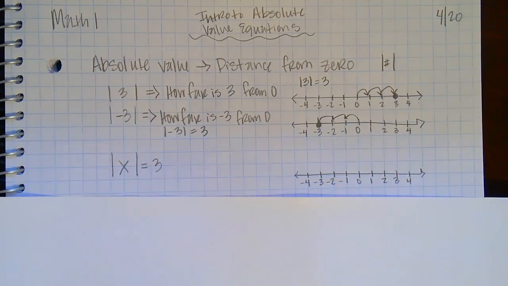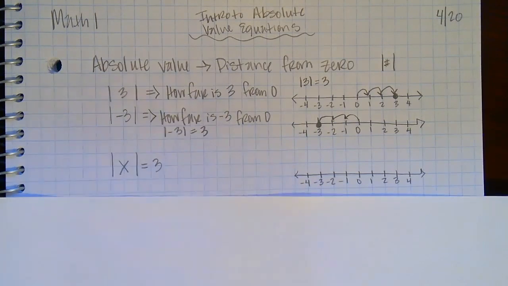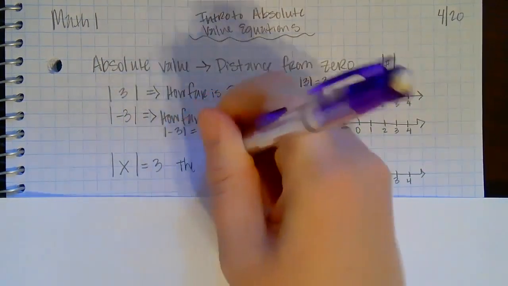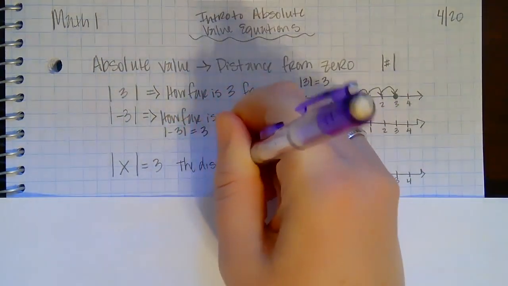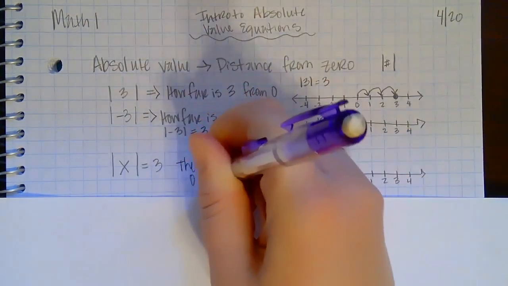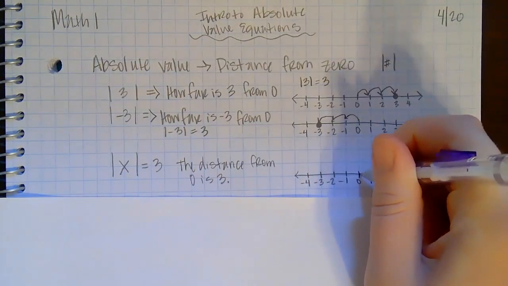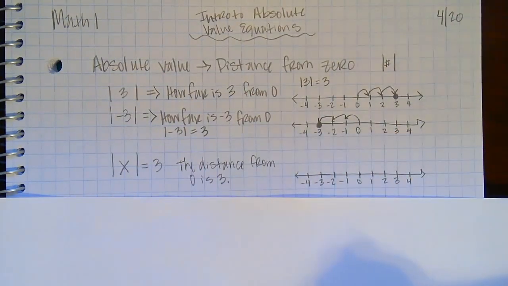Now there's another way you can see this. It can look like this. This is not saying how far is 3 from 0. This is saying the distance from 0 is 3. So they're saying start at 0 right here, and they want you to go 3 away.